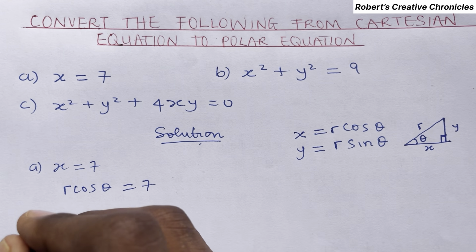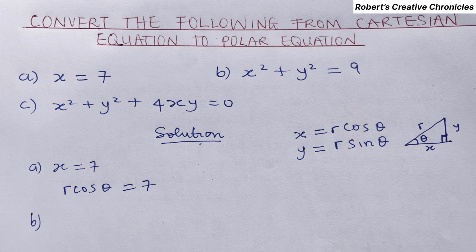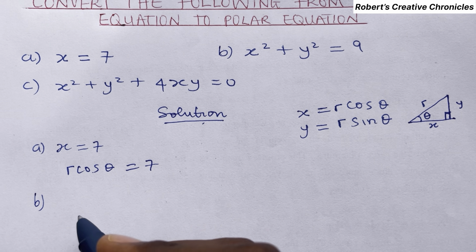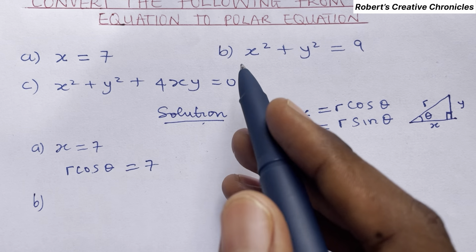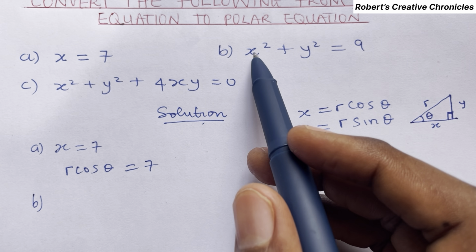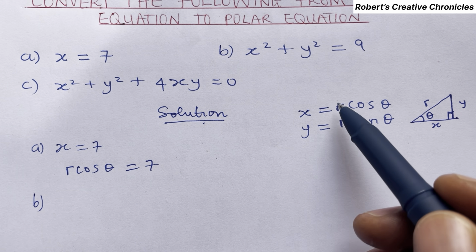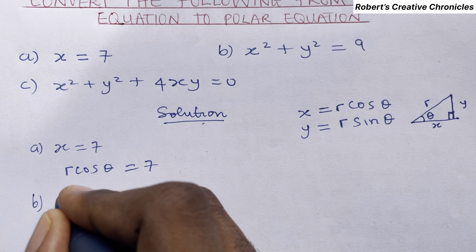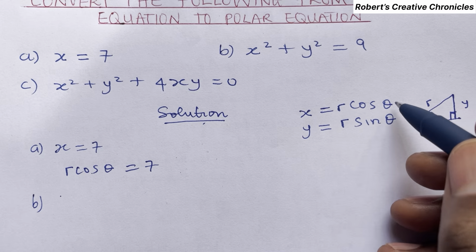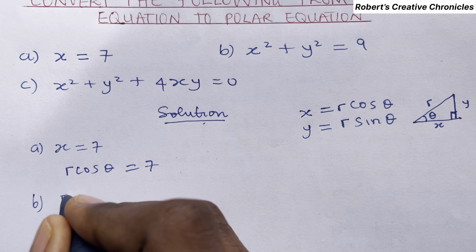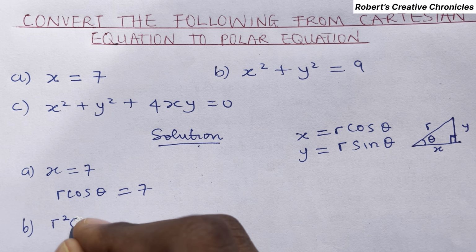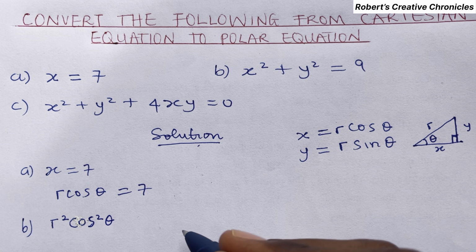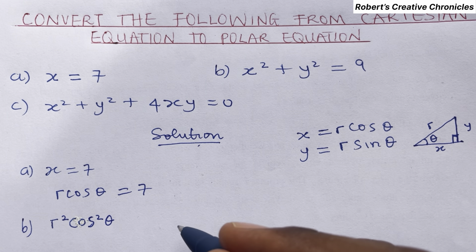Then the second one, part B, we'll substitute here. Since there's a variable for x and y, we're going to substitute both of them. So it will be what? This square is r square cos square theta, then plus y square.